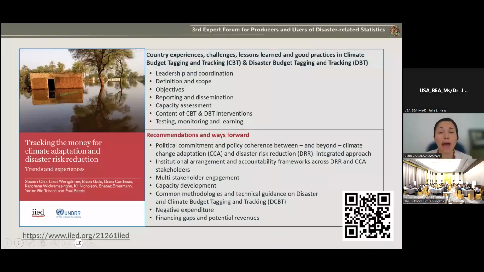Also checking on capacity, how this is playing out, and obviously also in these two topics, bringing them together, we can also see a big important gap in capacity. And also because when we are talking about so many different topics, and if we talk about satellite accounts, or climate budget tagging and disaster budget tagging, and then there's also gender and other objectives that come into the picture, it starts becoming quite complex as well for countries to deal with all of this.